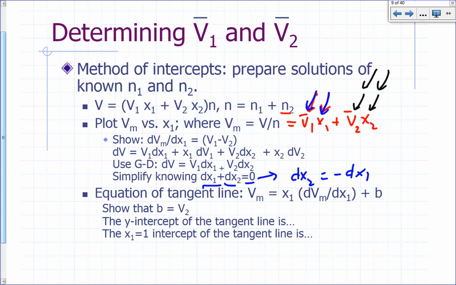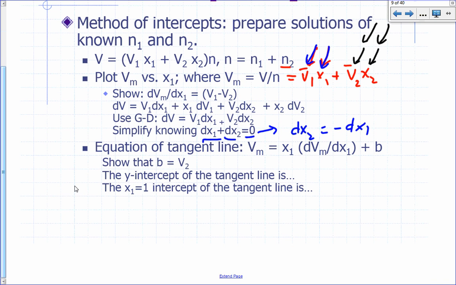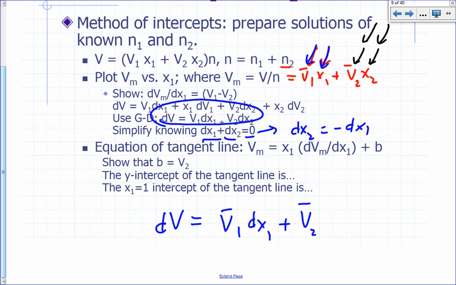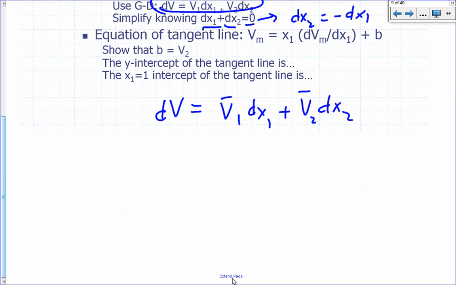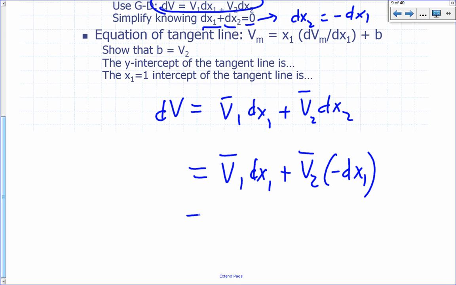Let me rewrite that down here. Here you have our dV equals V1 bar dx1 plus V2 bar dx2. That's going to be V1 bar dx1 plus V2 bar times negative dx1. So you can see that that's V1 bar minus V2 bar, times dx1.